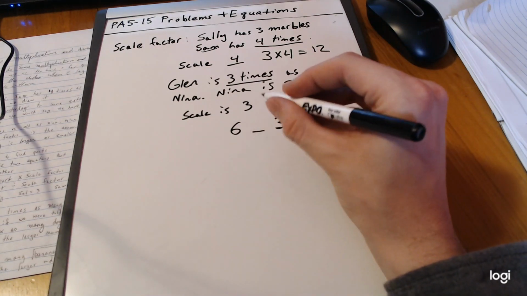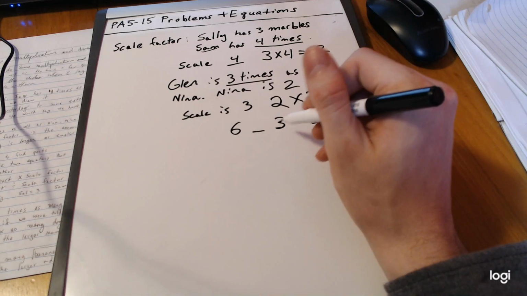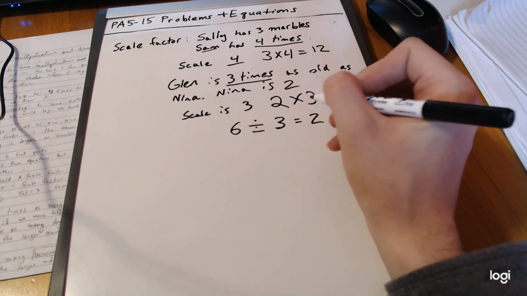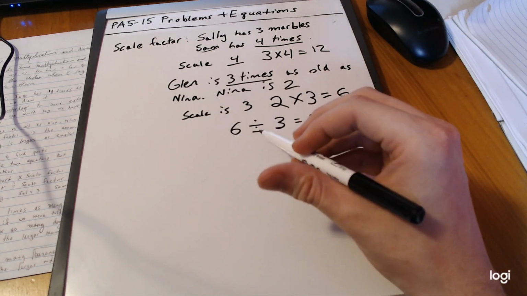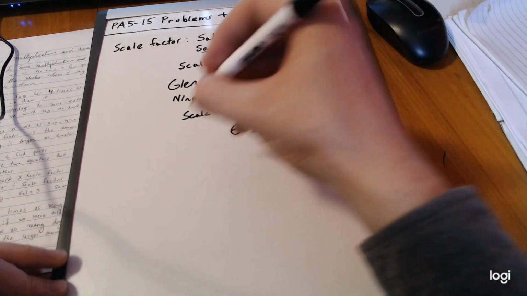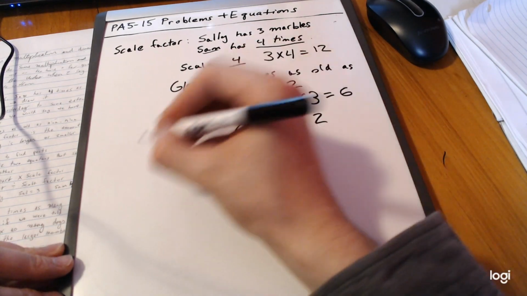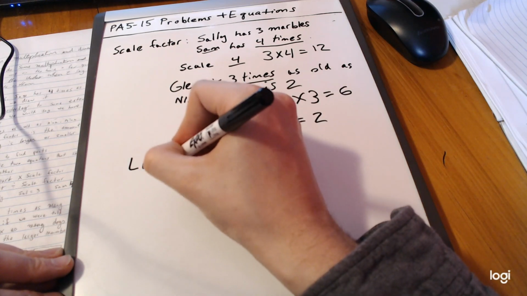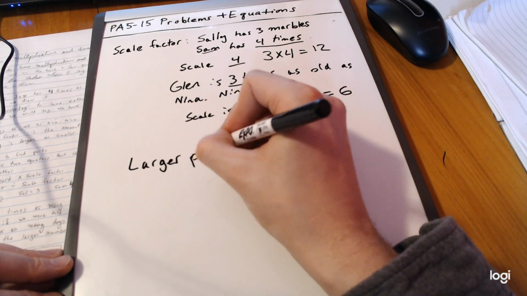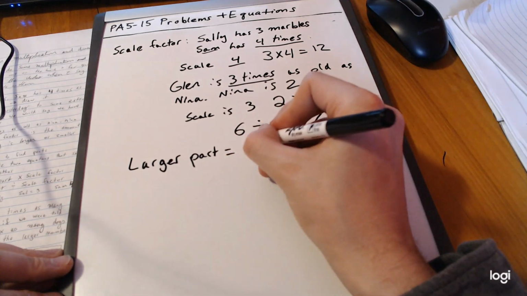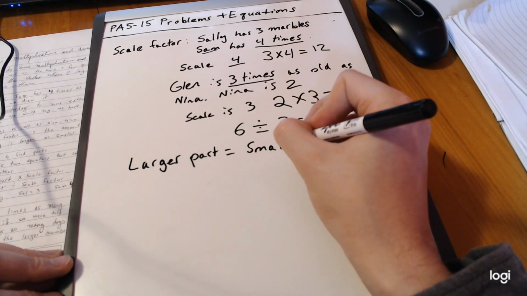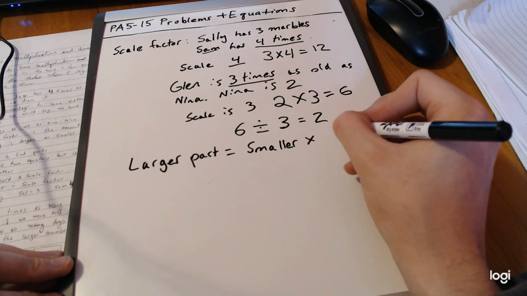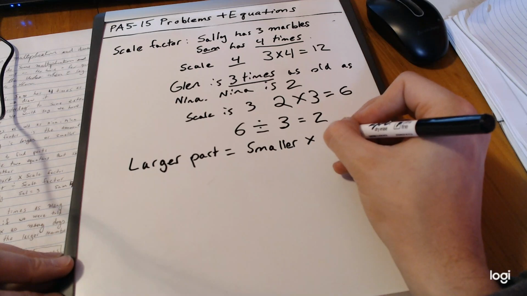Are we going to multiply 6 by 3 to get 2, or are we going to do division? The correct answer is, of course, division. The reason for this, and I'll show you in words, is that if you are looking for the larger part, and you have the smaller part, so the younger one or the shorter one or the lesser one, you multiply by the scale factor, right?